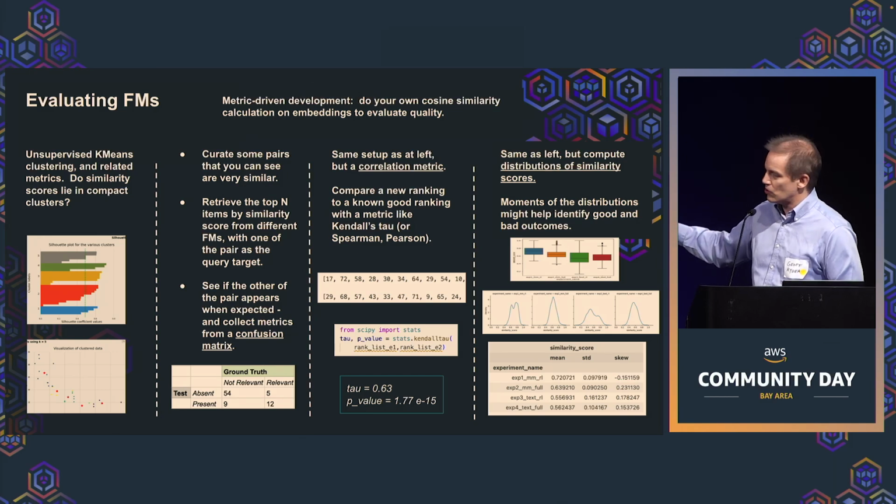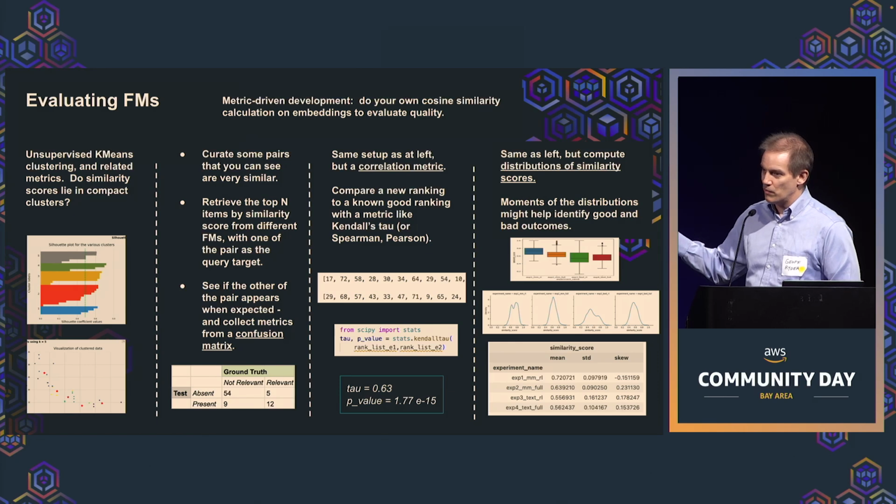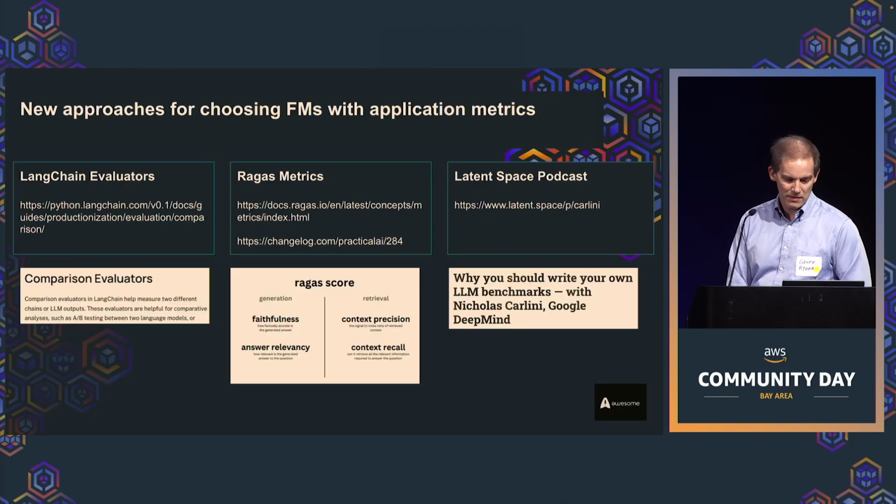And then you can also start at the target image in this case and do distributions of the similarity scores. And then you can do moments of the distribution, your means, median, standard deviation, and skew, compare that, and that becomes a quality metric. Or you can do ratios of all of these. So that is something that you can do directly with the output of FMs.